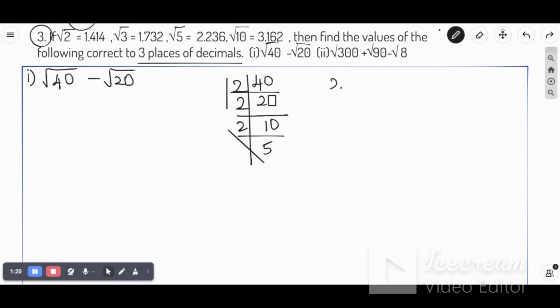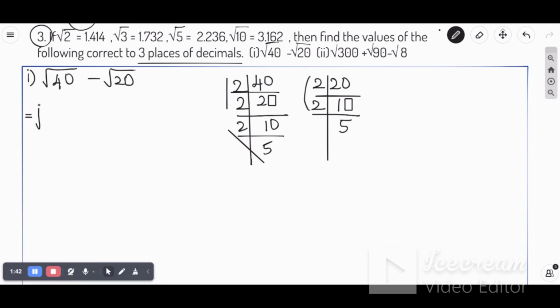Then again, 20 is also not a perfect square. So if you take 20 here, this will be 10, and then 2 here, you could put 5 here. Here you have got 2, 2, which is a perfect square. So it is better you take the perfect square outside and leave the remaining inside.